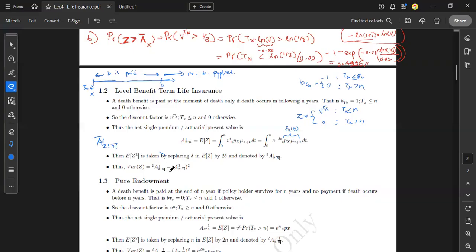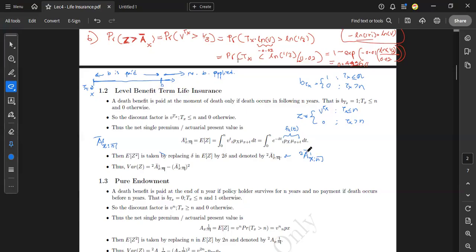To get the variance, we need the second moment. As we discussed, just replace delta by 2 delta for this net single premium, or the actual present value of the term life insurance. This will become the second moment, and it is term.